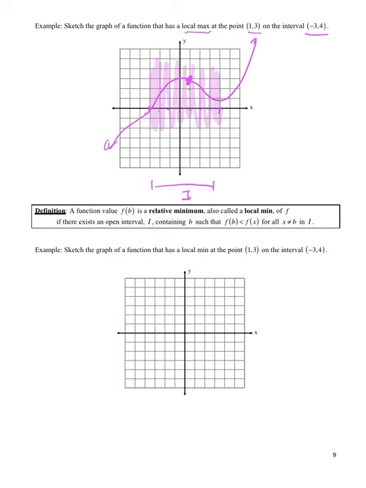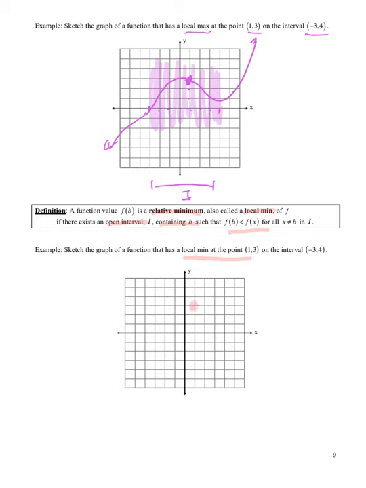Now, there's also something called a relative minimum, relative min, local min. It's saying there exists, again, an open interval containing an x such that the function evaluated at that point is less than any other point on the interval. So for example, I'm saying a function has a local minimum at the point 1, 3.